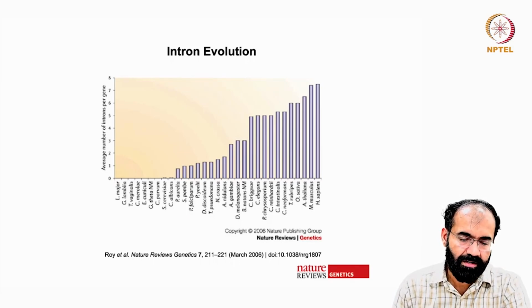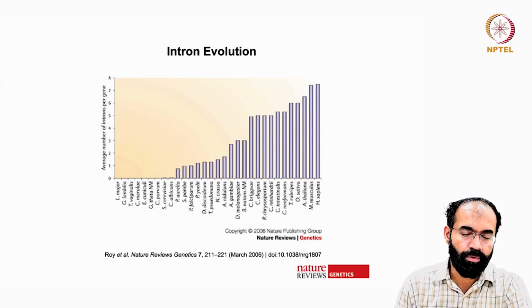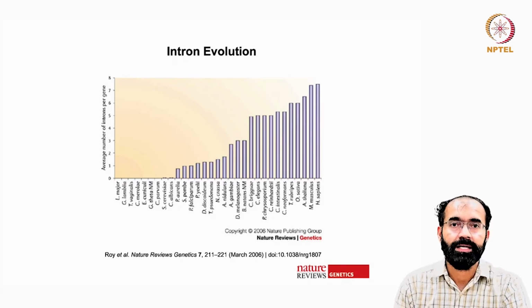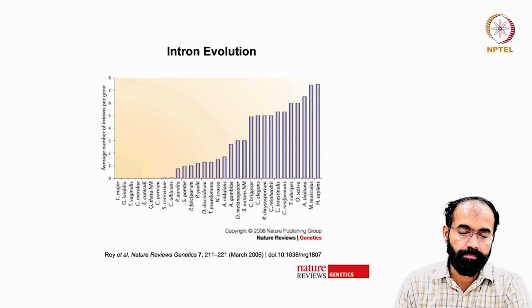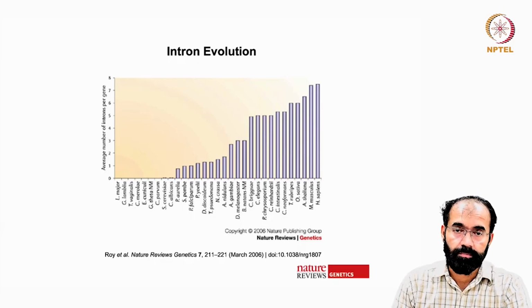As you can see here, from yeast onwards, Saccharomyces pombe, Saccharomyces cerevisiae, etc. This is the origin from the yeast, and Saccharomyces cerevisiae, the Baker's yeast, has a very minimal number of introns, and Saccharomyces pombe is fission yeast. As you progress from yeast onwards, you reach up to Homo sapiens.